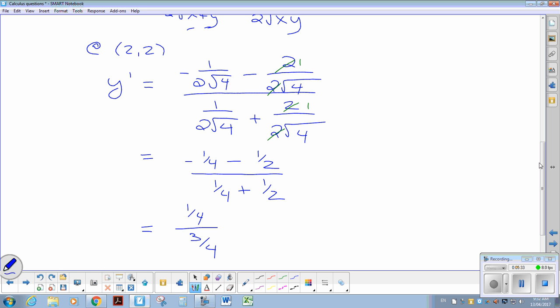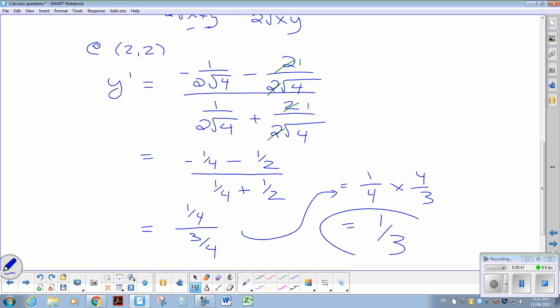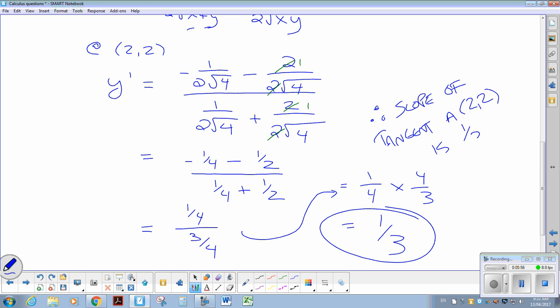So finally, we do the reciprocal, that equals 1/4 times 4/3, or 1/3. Okay, so the slope of the tangent at (2, 2) is 1/3.